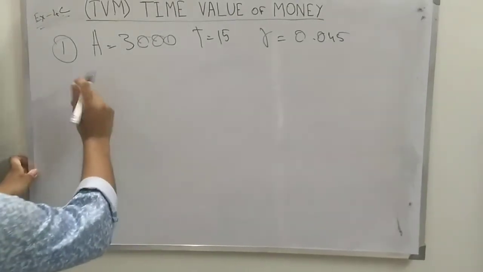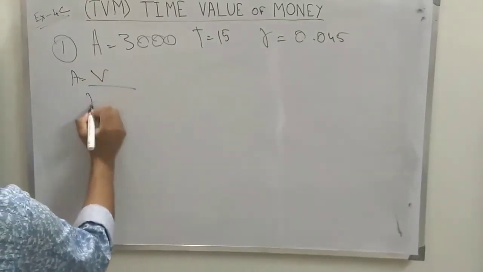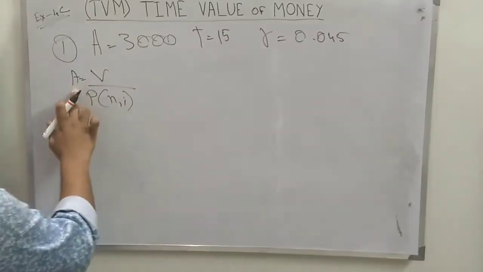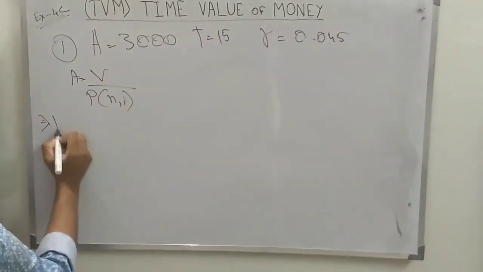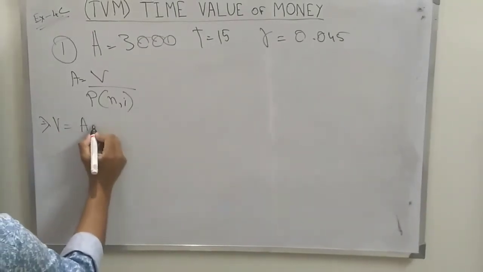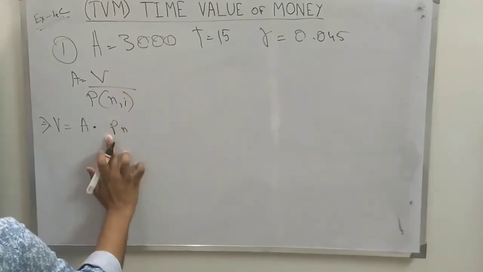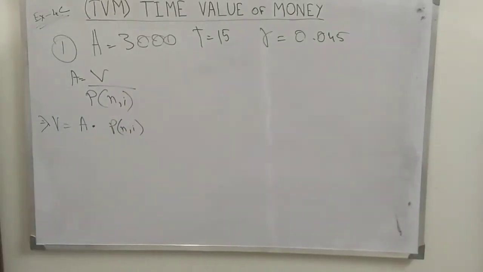So the present value of an annuity, the formula is A is equal to V by PNI. Now A is given, we have to calculate the present value. V stands for present value, that means V is equal to A into PNI.